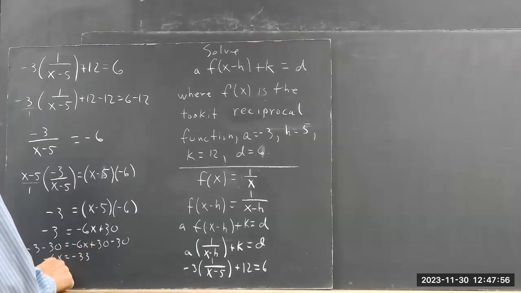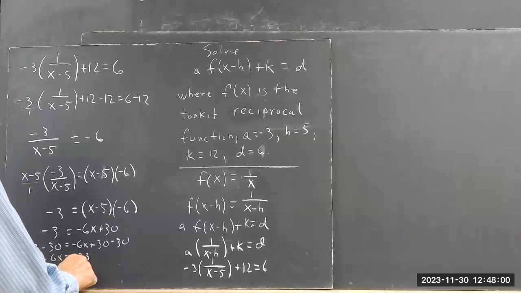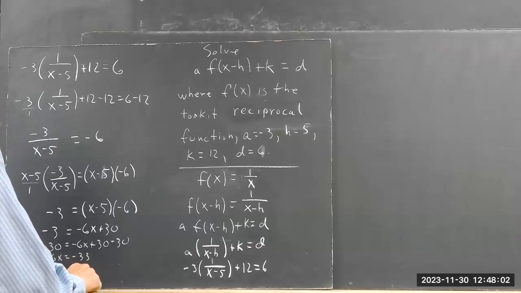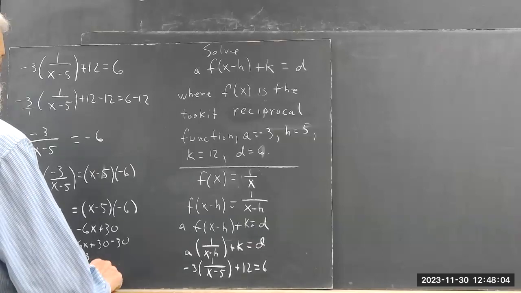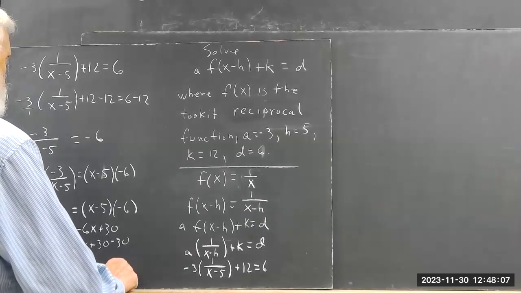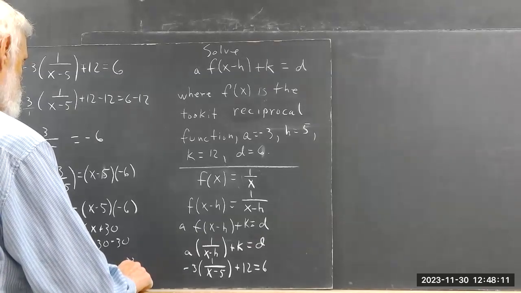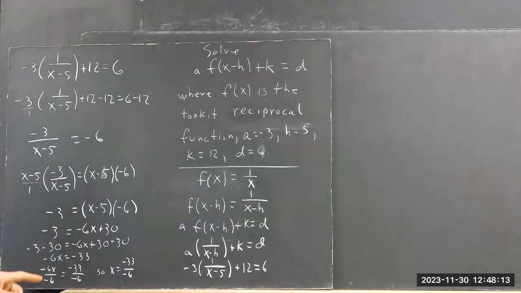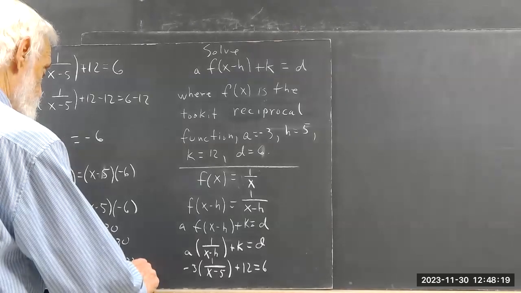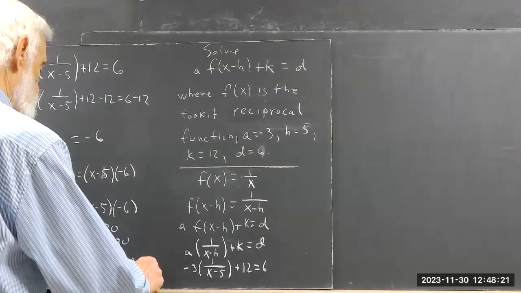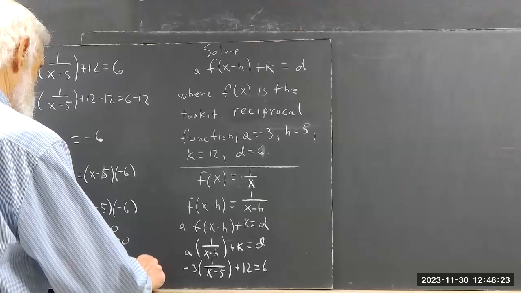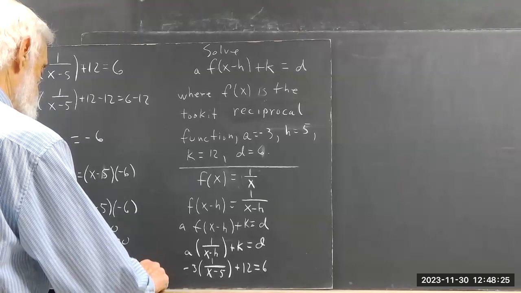Then -6x divided by -6 equals -33 divided by -6. So x equals -33 over -6, because -6 over -6 times x over 1 is 1 times x over 1, that's x. And this reduces down to 11 halves.